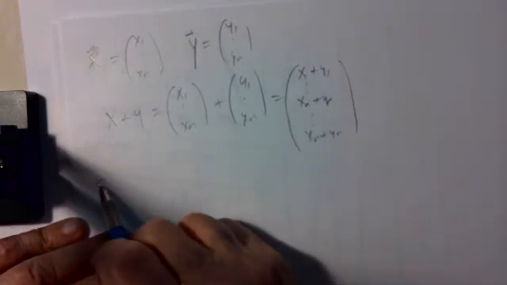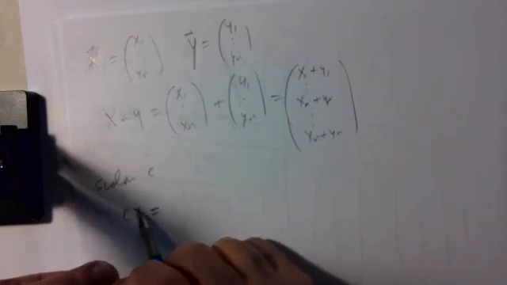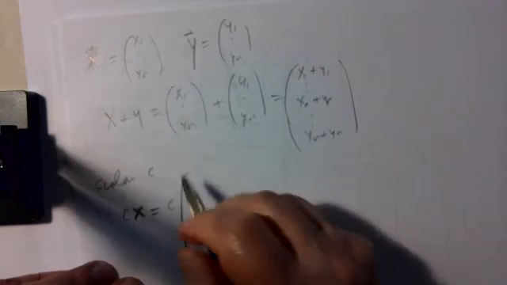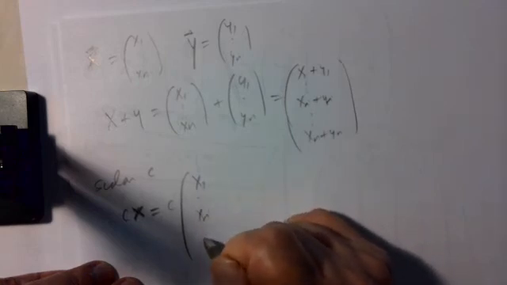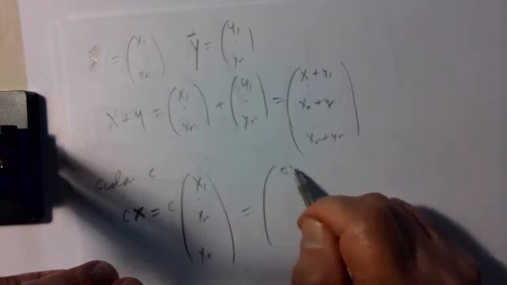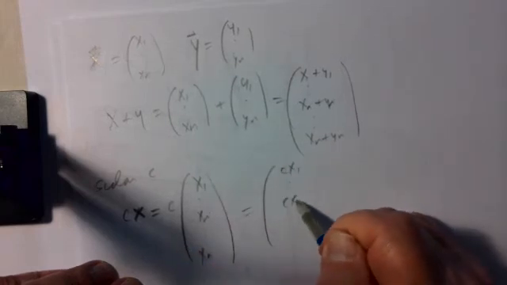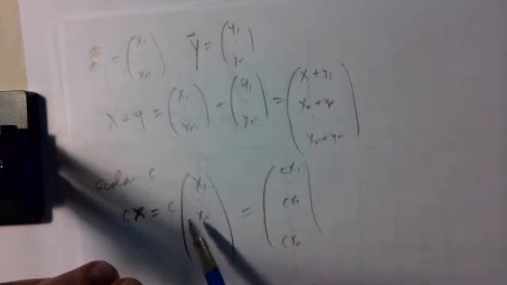And for any scalar or number c times the vector x, that's c times this column vector. You just multiply every coordinate by c.